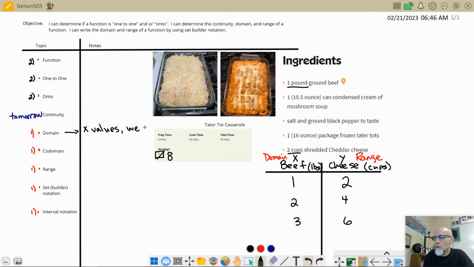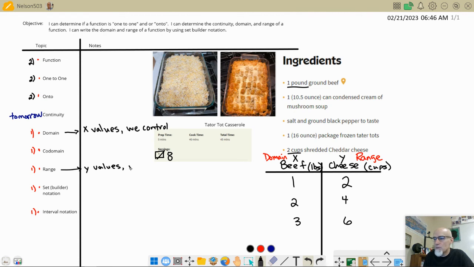We pick them, we control them, what we're going to stick into our function. And then the range is the values that are dependent upon the domain. So the range are the numbers, the Y values that come out of our function. If you just want to break it down to that, it's the ones that get generated after we choose our X value, right?